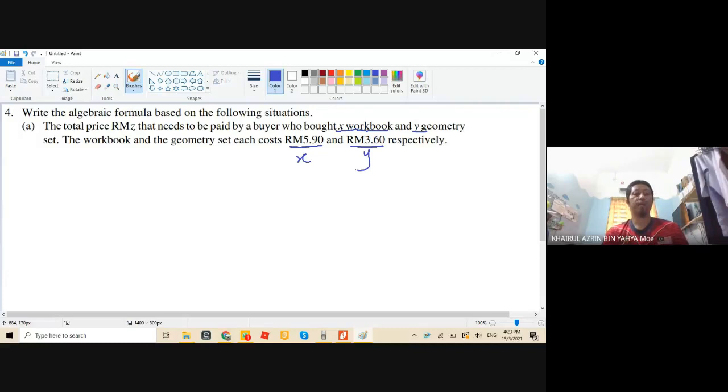This is Y. Okay, the question asks us to find the total price, Z. So if you want to write the equation, it becomes like this: Z equal to RM5.90 X plus RM3.60 Y. No need to write the unit RM. No need to write the unit.